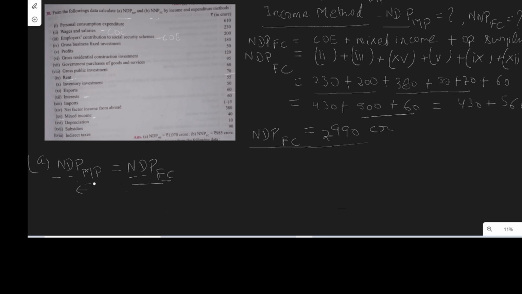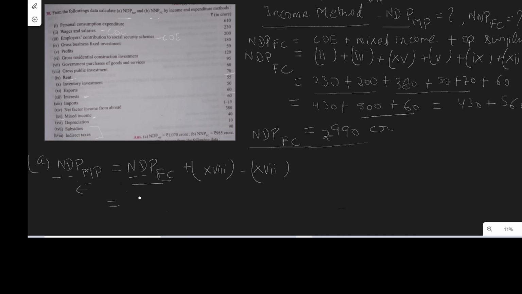Factor to market price: market includes indirect taxes, factor cost doesn't include. So we need to add indirect taxes. If we are given NIT, net indirect taxes, we will simply add NIT. But if we are given them separately, then we need to add indirect taxes, that is 18th item, and we need to subtract subsidies, that is 17th item. Whatever sign we write for indirect taxes, we write the opposite sign for the subsidies.